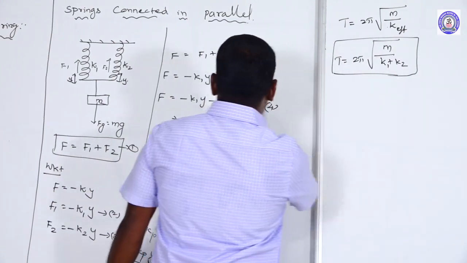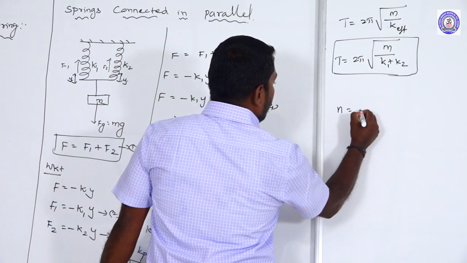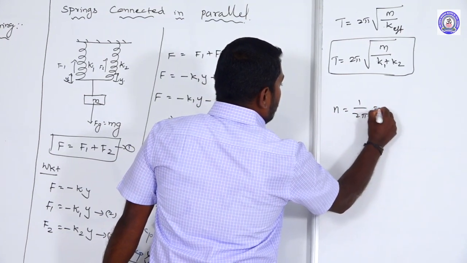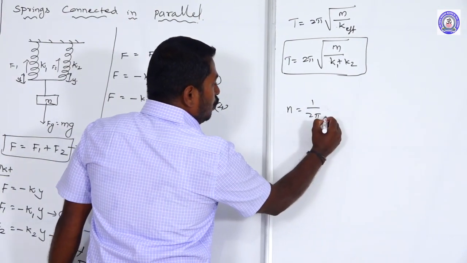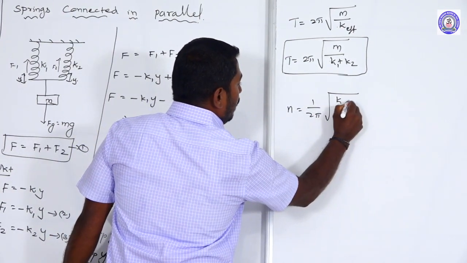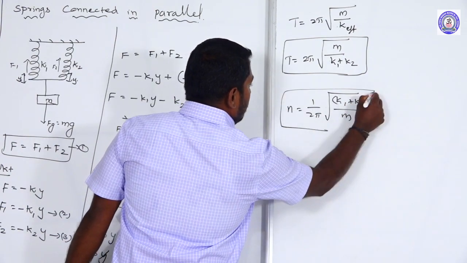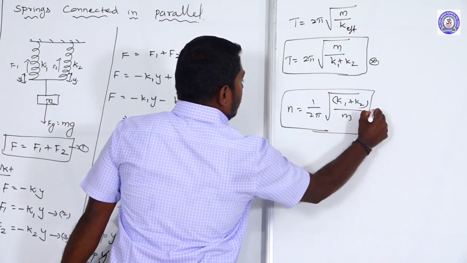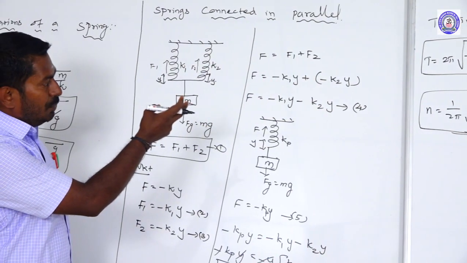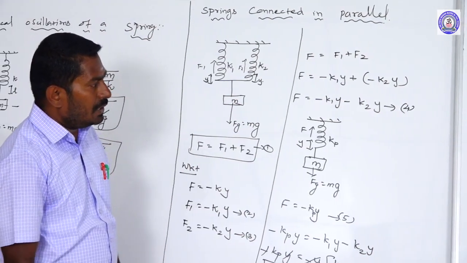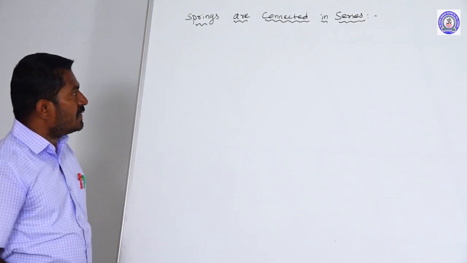Then the frequency of the block of mass m, n, is equal to 1 divided by 2 pi square root of K1 plus K2 divided by m. So there are two important expressions when two springs are connected in parallel: the time period of oscillation and the frequency of oscillation. Now another topic, springs connected in series.